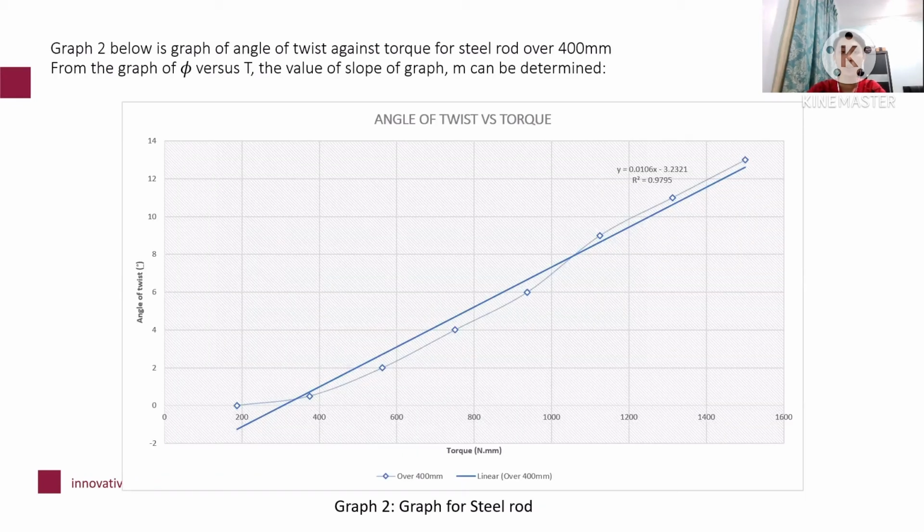Graph 2 below is the graph of angle of twist against torque for the steel rod over 400 millimeter. From the graph of angle of twist versus T, the value of the slope can be determined. For 400 millimeter, the value of the slope is 0.0106.